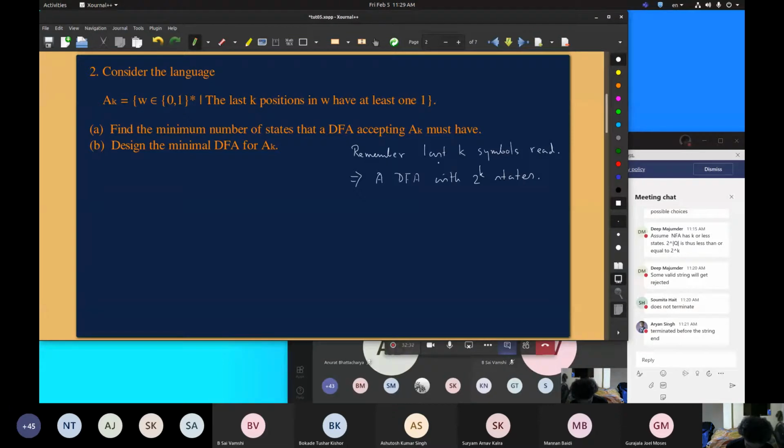And I am done if I can remember the last k symbols. So a DFA with 2 power k states accepts A_k, like L_k.